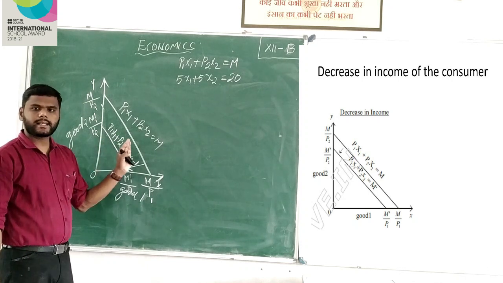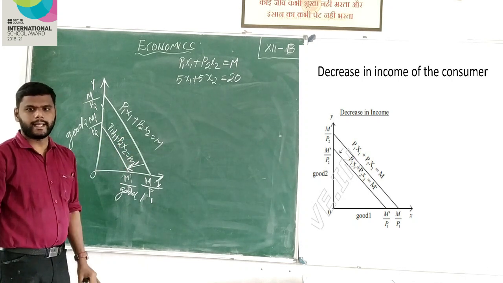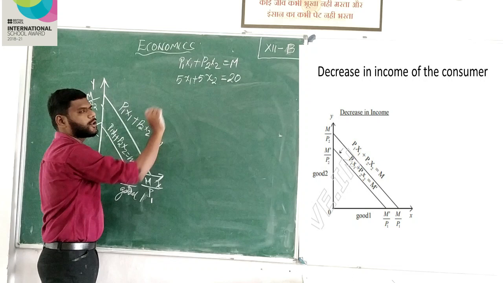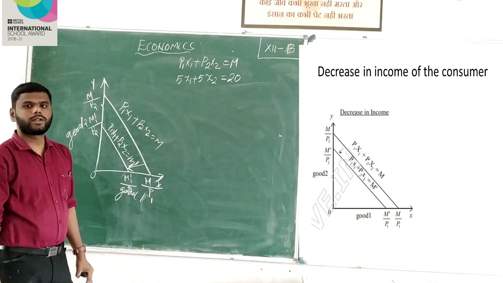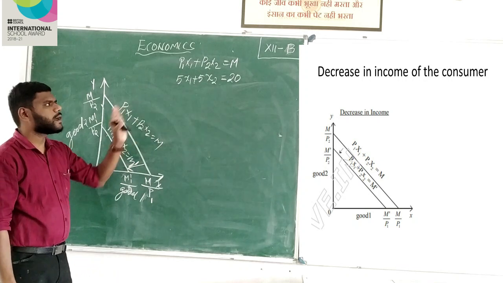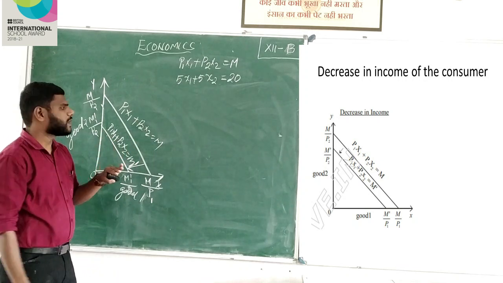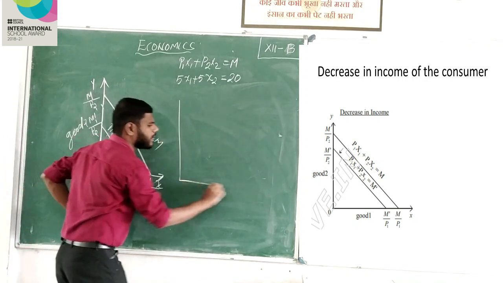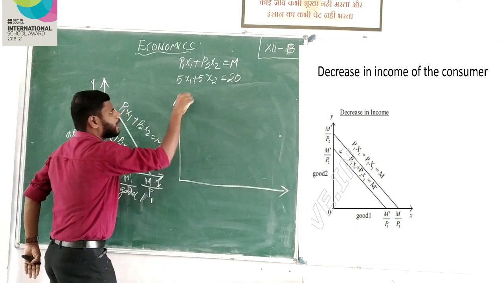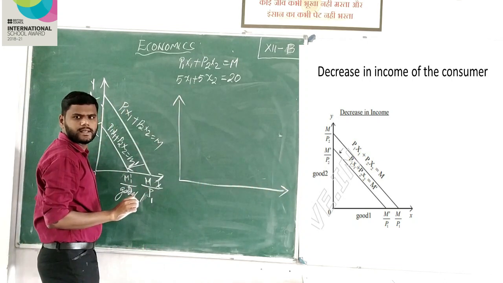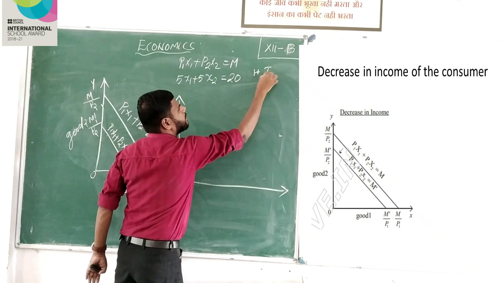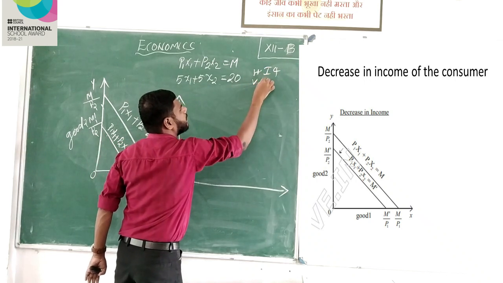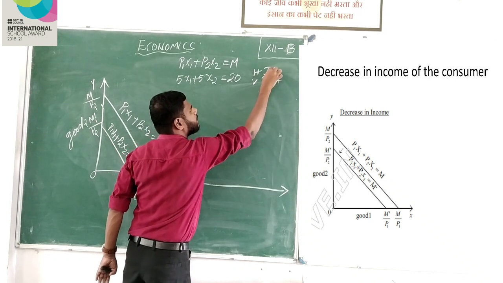So, we will discuss the same with a numerical example, with the same equation, that is 5x1 plus 5x2 is equal to 20. Based on this, how will we draw the budget line? We already found the vertical and horizontal intercepts of this equation: the horizontal intercept is 4 as well as the vertical intercept, also 4.